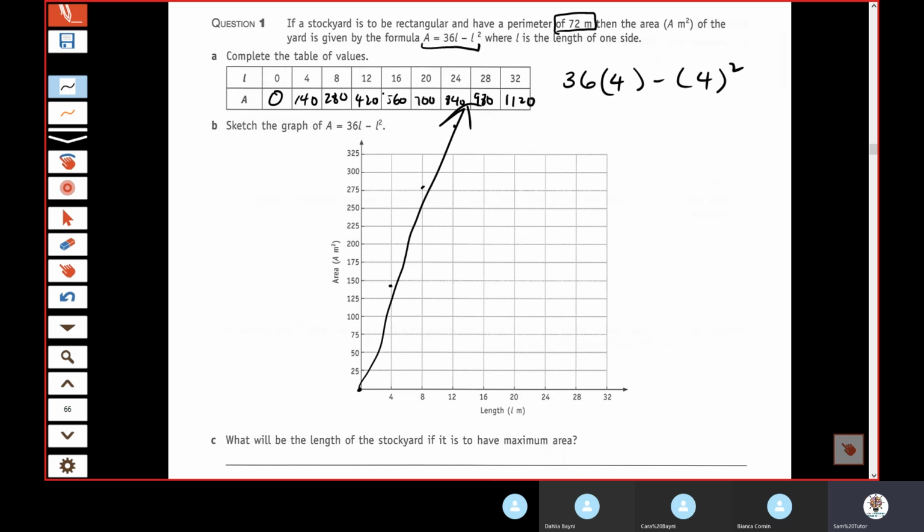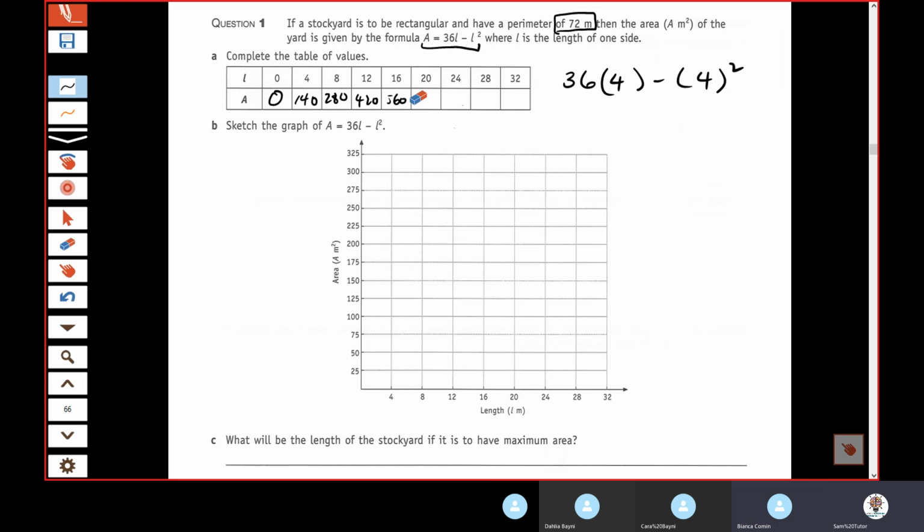Are you sure you got these numbers right? Let me make sure. 36 times 12 minus 12 squared. No, it doesn't look like you did. 36 times 4 minus 4 squared. No, you've done something wrong. These numbers you've got are not right.